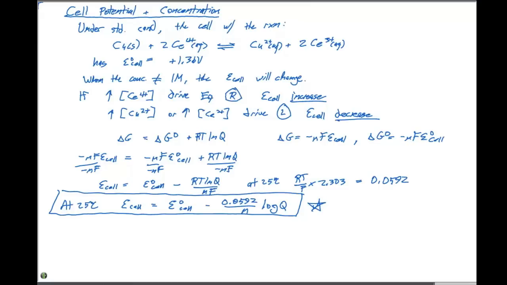Now, why Nernst likes logs and not natural logs, I'm not quite sure. But this is the equation that you will see represented in pretty much every textbook. And this will allow us to calculate the change in a potential when we vary the concentration.